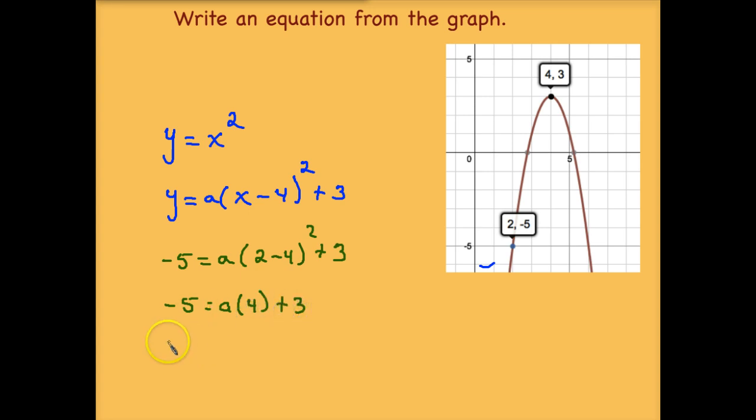If we subtract 3 from both sides, we get -8 equals 4a, and if we divide both sides by 4, we get -2. So in fact, that shows that we do have a reflection and we have a stretch of 2. We can write our final equation as y equals -2 times (x minus 4) squared plus 3.